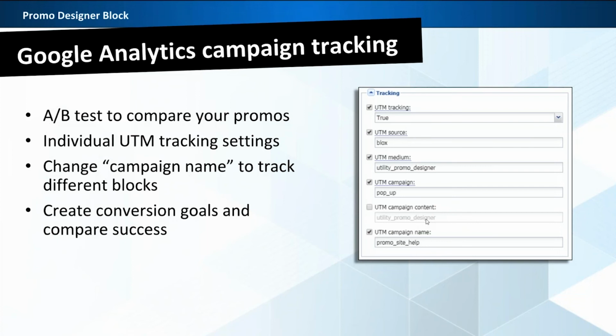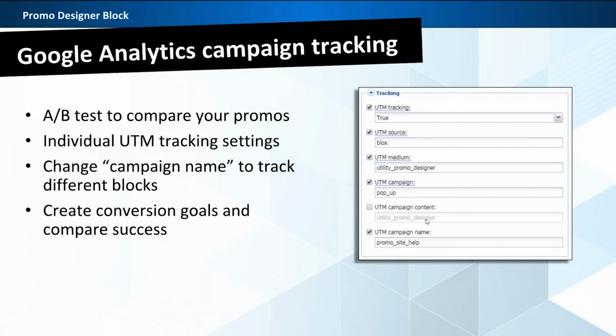And then you can use those values to look at your campaign tracking in Google Analytics and see how each of the different types of messages behaves and how people react to each of them, and then you can see which one is more successful.